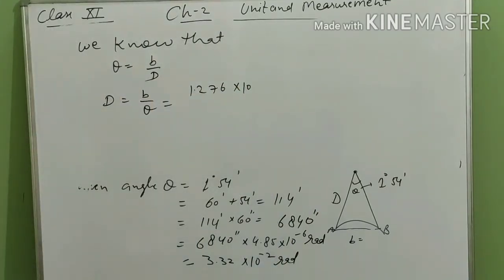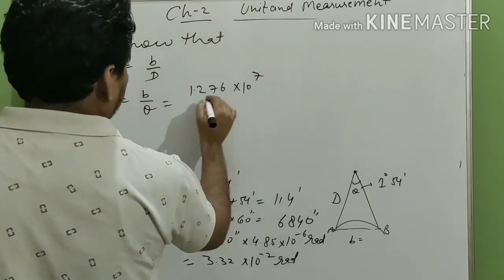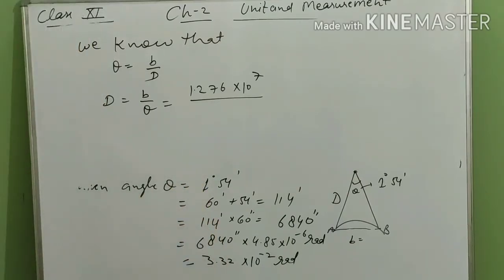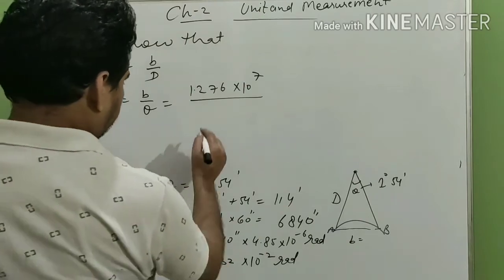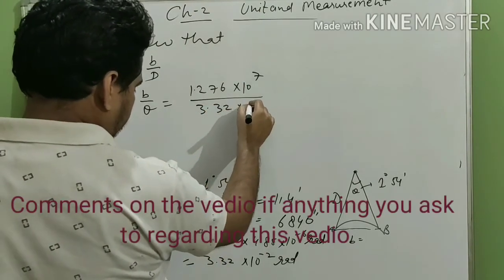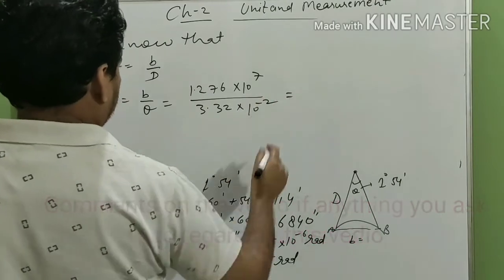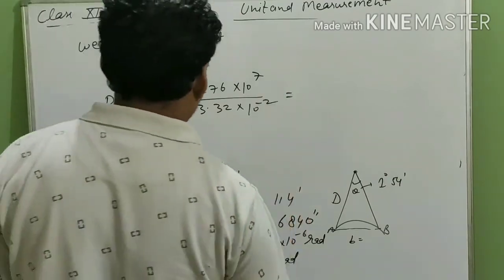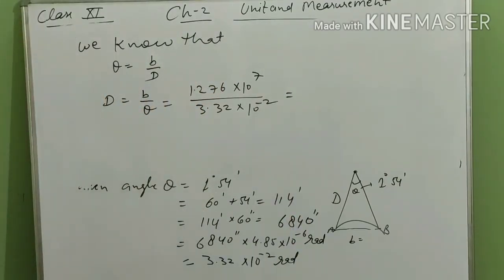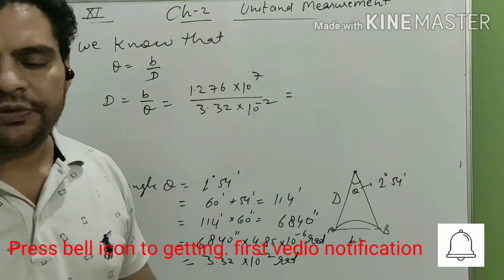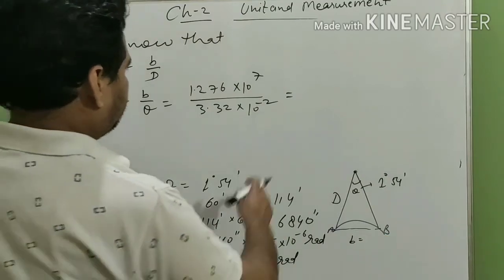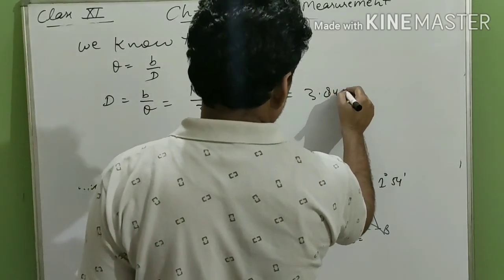It is 1.276 into 10^7, divided by theta. Theta is 3.32 into 10^-2 radian. Now solve it and find the value of D. D is the distance of the moon from the earth. When you solve it, the answer is 3.84 into 10^8 meters.